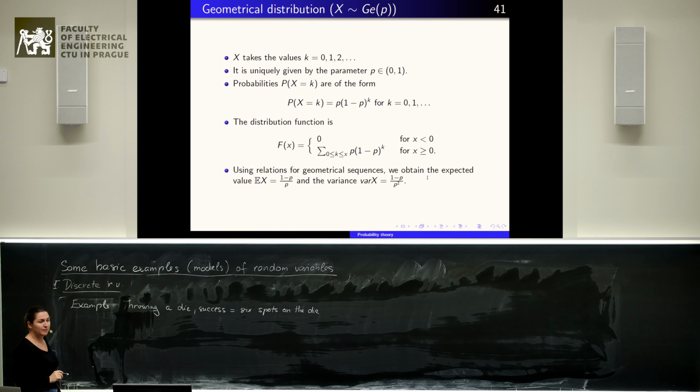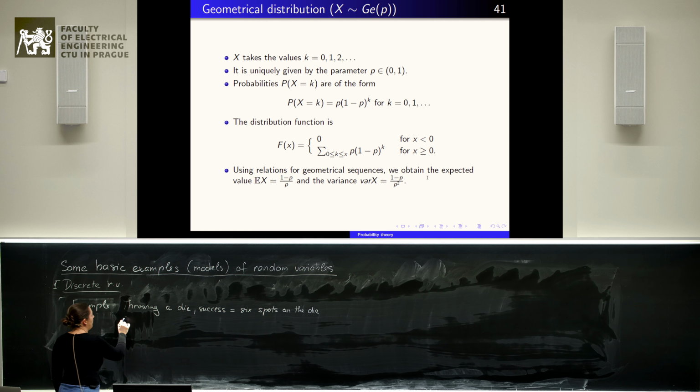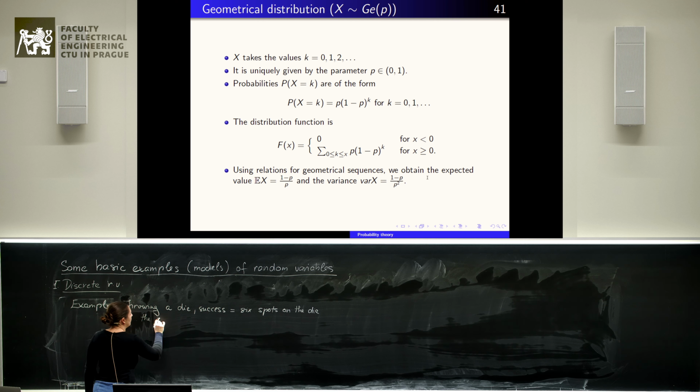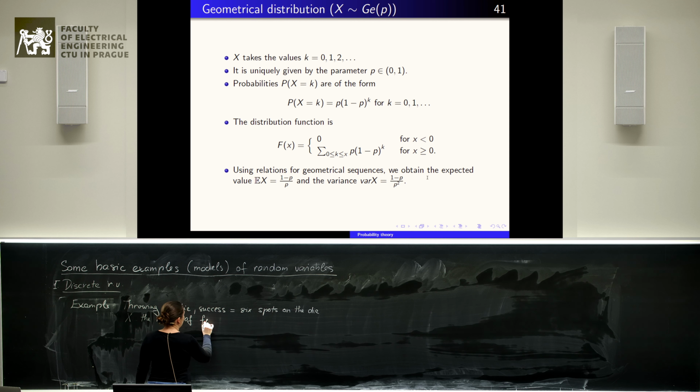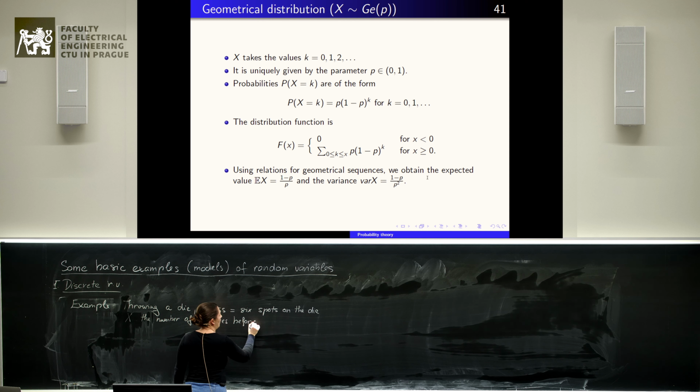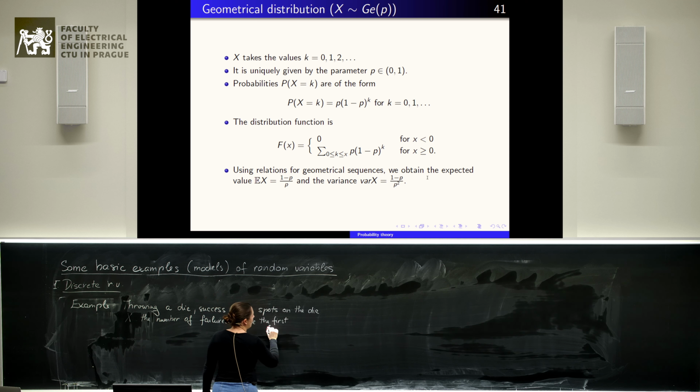And we care about a random number describing the number of failures before the first success.